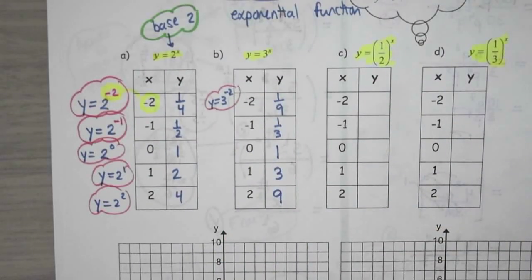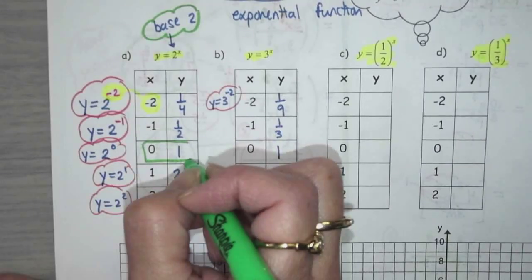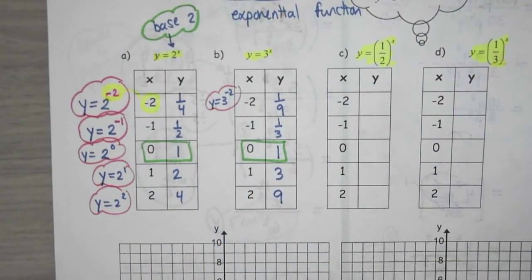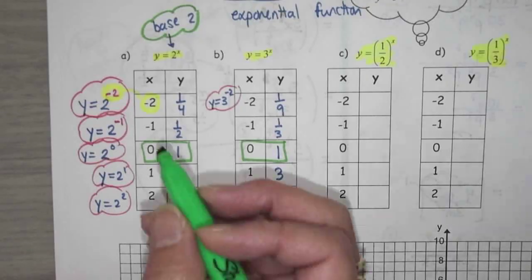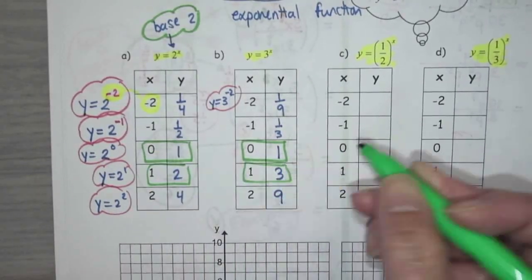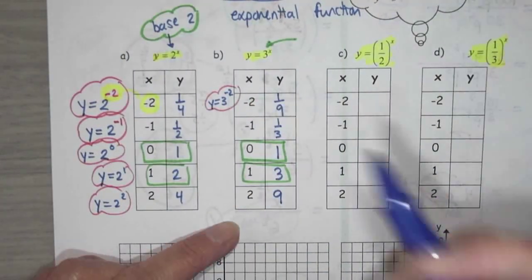So the ones that are important to me is, look, anything to the exponent 0 will be 1. So all of my exponential functions will have that. Then, depending on what my base is, this one here will tell me my base. Right? Because right here, can you see the base is 3?